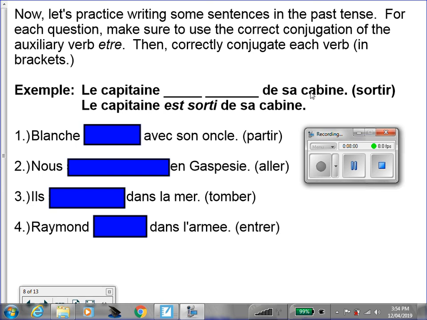We want it to say the captain was leaving his cabin. So le capitaine, that's il. So il est. Le capitaine is masculine singular. So that means that the IR at the end of sortir is going to change to just an I.